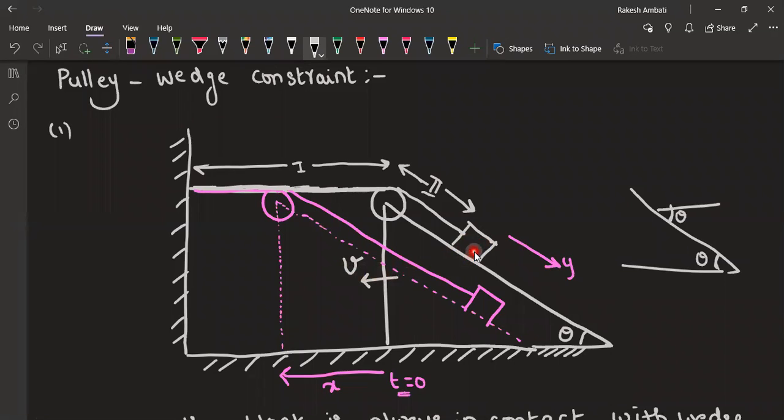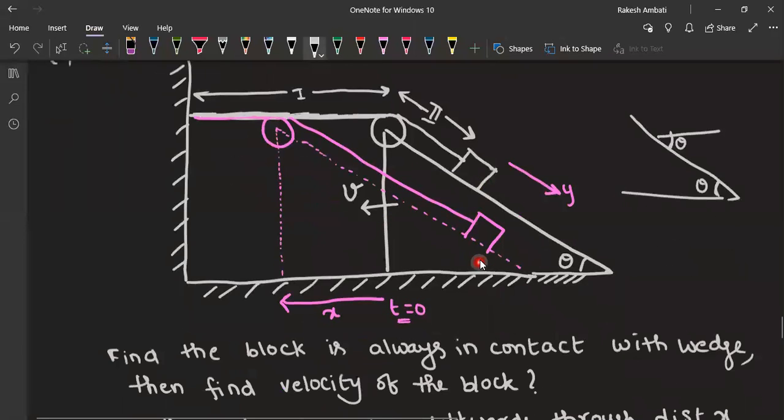So totally the block has two types of velocities. One velocity is because of the changes in the segments. And one more velocity is because the block is always in contact with the wedge. So this is the procedure. Please note that.